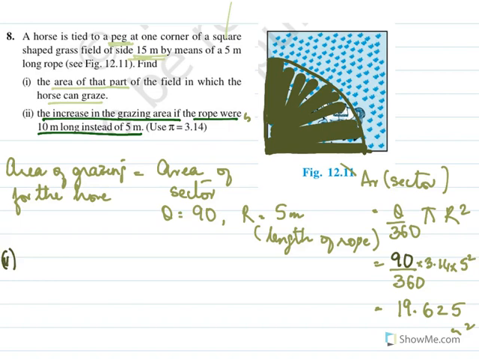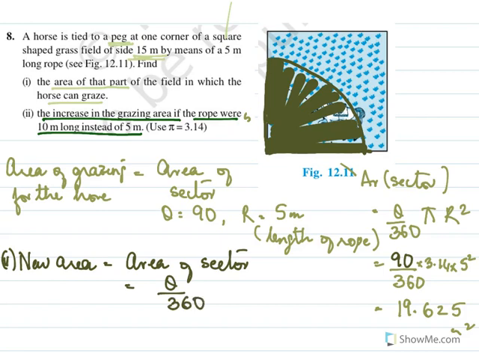So for the second, new area is also equal to the area of sector, which is theta over 360 pi r square. The theta remains the same, 90 degrees, because it is a part of a square.